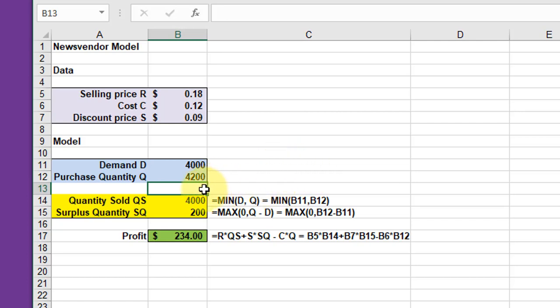If he buys more than the demand, then he has a surplus, and the surplus reduces his profit down to $234. If he buys fewer than the demand, it drops again because this time he doesn't have a surplus, but he lost the profit on those 200 newspapers he didn't buy. So this is a basic decision model.